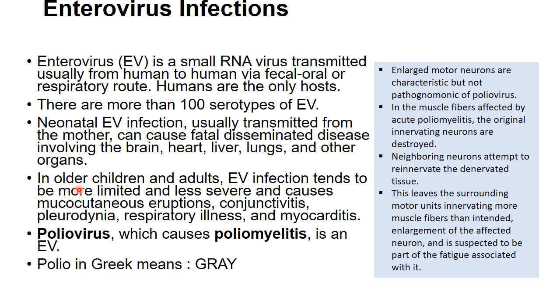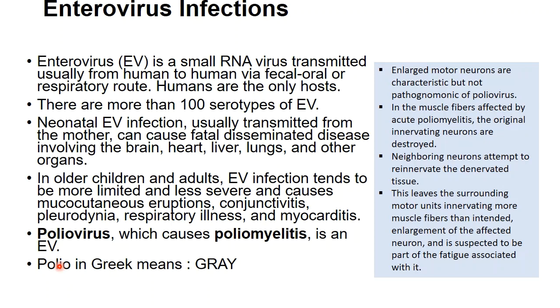In older children and adults, enterovirus infection tends to be more limited and causes mucocutaneous eruptions, conjunctivitis, respiratory illness, and myocarditis. Poliovirus, it must be noted, is an enterovirus, and polio as such means grey in Greek.